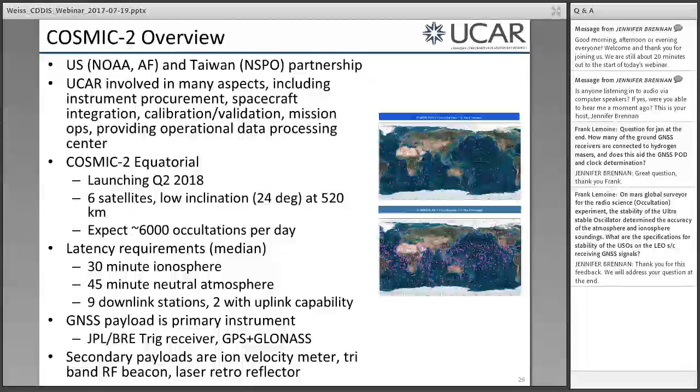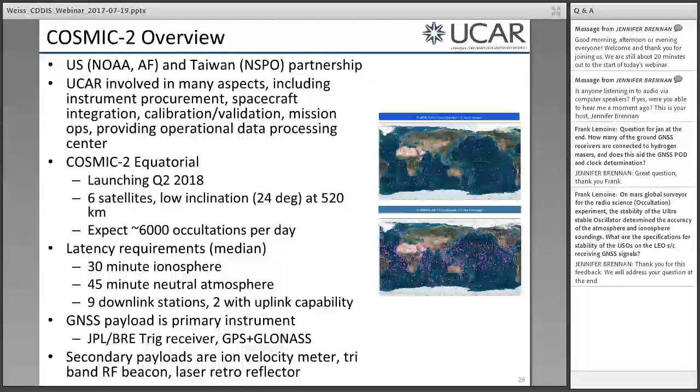The equatorial constellation for Cosmic 2 is currently planned for launch in Q2 of next year. It will be, again, 6 satellites, in a low inclination 24-degree, 520-kilometer orbit. We expect about 6,000 or more occultations per day from this set of satellites when we're flying.